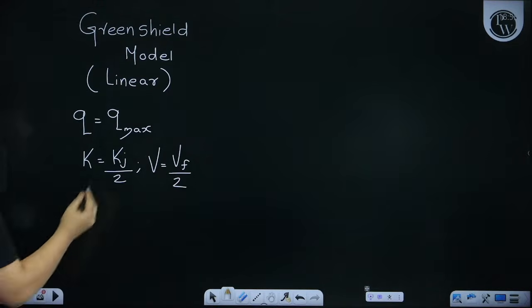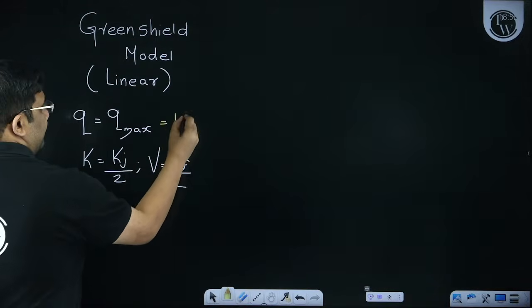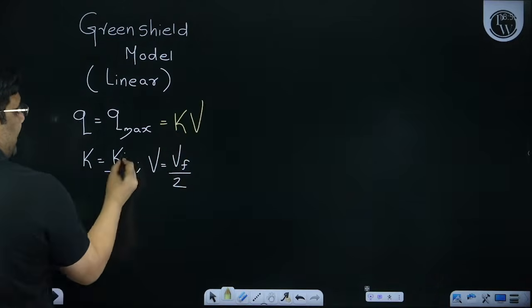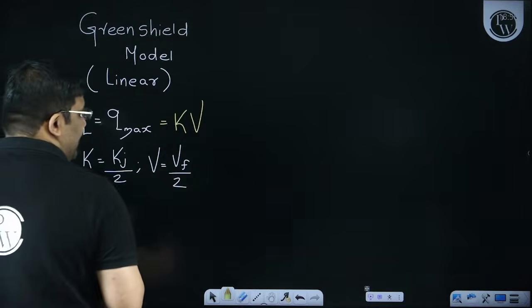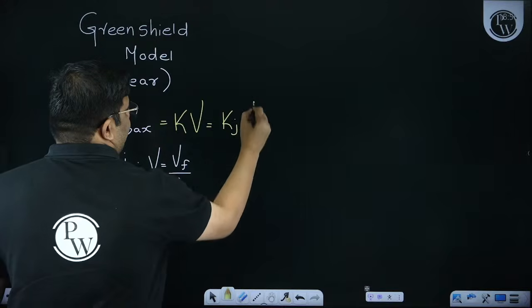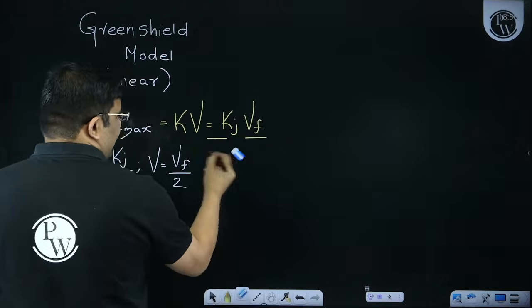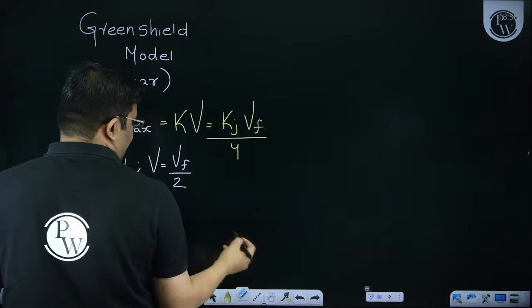So what will happen to this Q max? We know that Q is K into V. In place of K, I can put Kj by 2, and in place of V, I can put Vf by 2. I'll write down the whole step.